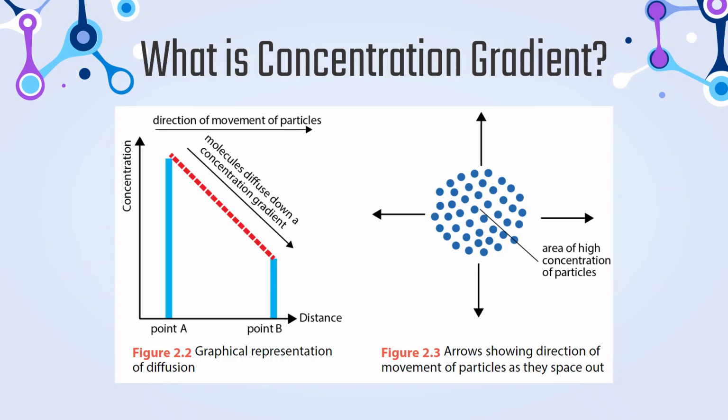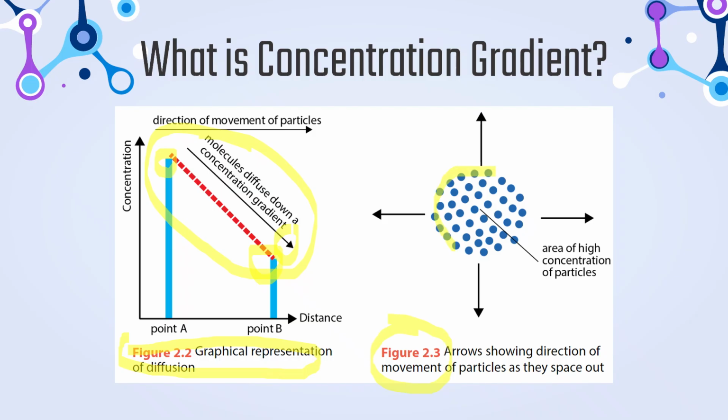This is a picture to show you what it means when we talk about down a concentration gradient. So figure 2.2 refers to diffusion that is from high to low. You can see the arrow is moving downwards, from high concentration to low concentration. On the other hand, in figure 2.3, it is the same.